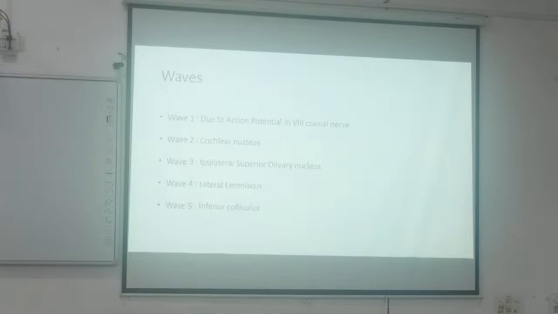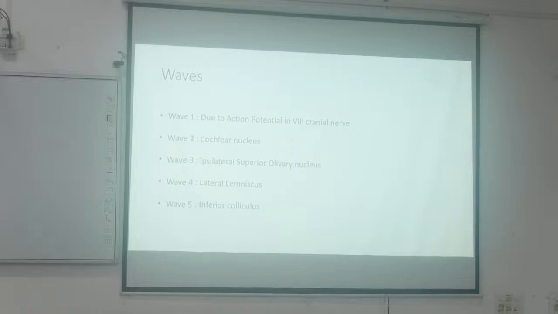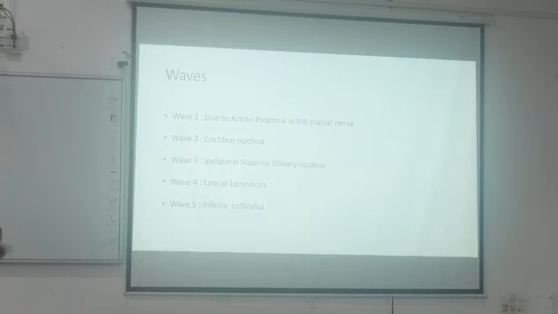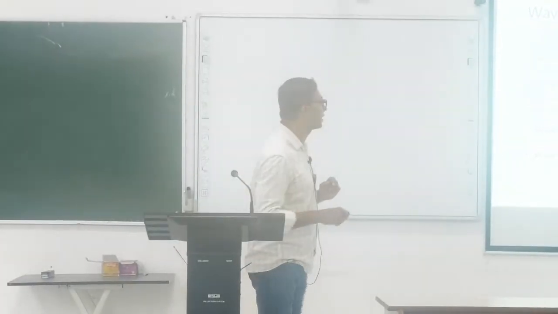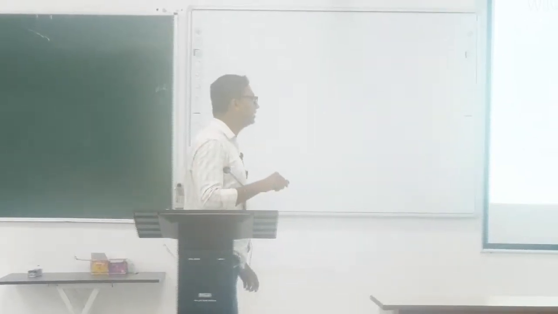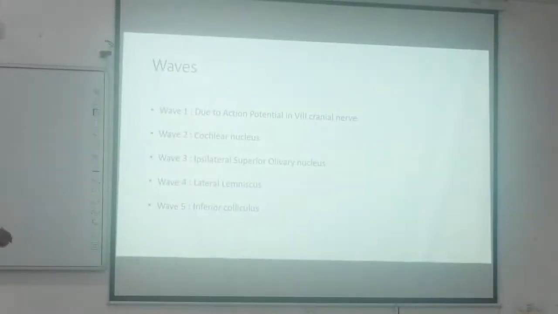Next. So what are the waves that we get in BERA, or auditory evoked potential? There are 5 waves. Wave 1 is due to action potential of the vestibulocochlear or 8th cranial nerve. Wave 2 is specifically the cochlear nucleus. Wave 3 is the ipsilateral superior olivary nucleus.